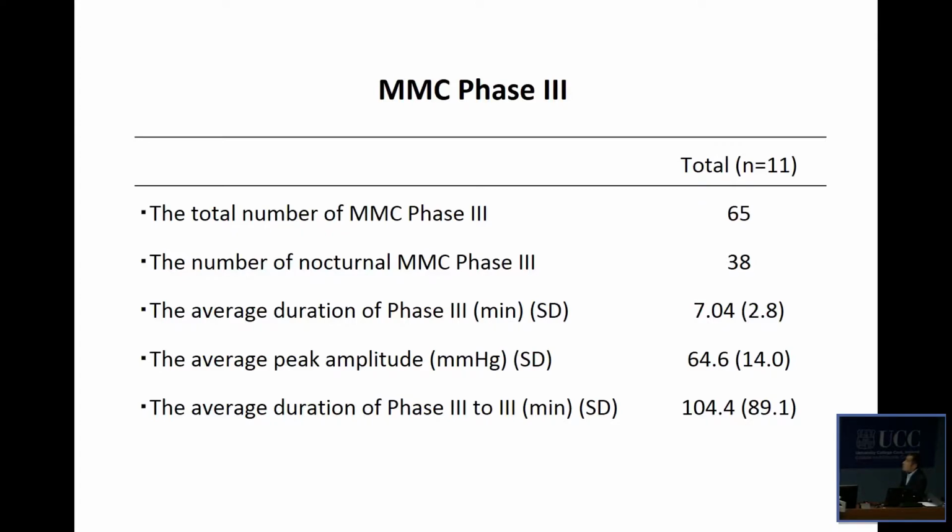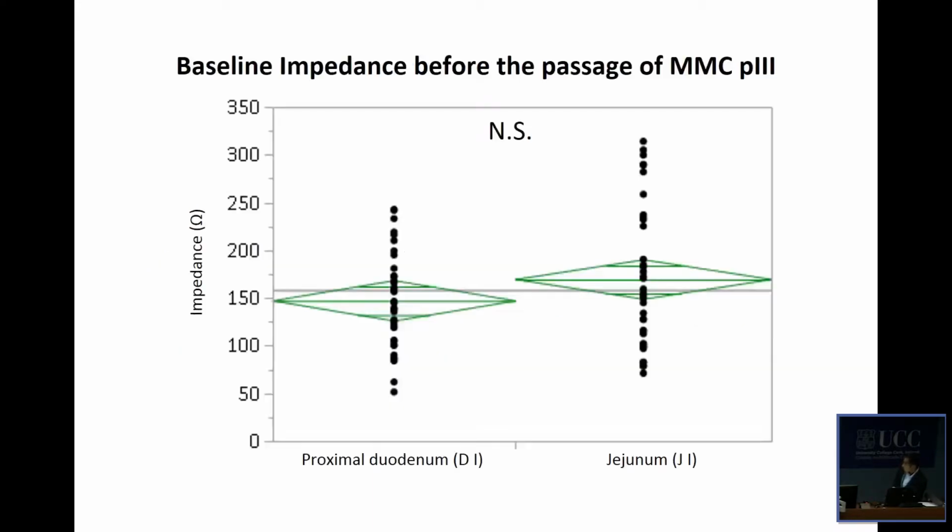We looked at baseline impedance before and after these MMC Phase 3s. When we analyzed baseline impedance before the passage of MMC Phase 3, there was no significant difference in baseline impedance between proximal duodenum and jejunum.